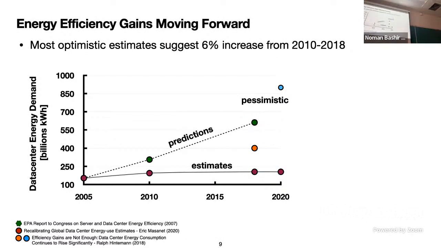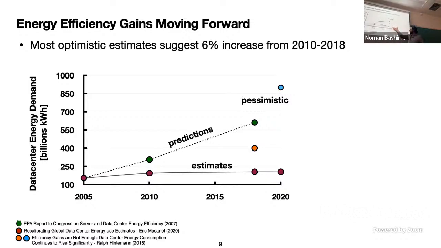There are some predictions about how much the energy consumption of data centers has increased over the course of a year. In 2005 and 2010, some people estimated that it would double every year, so they predicted it to be around 550 or 600 something billion kilowatt hours. Then some analyses say it did not actually increase that much, because energy efficiency gains in data centers, low energy processors and less cost of cooling brought it down to this.